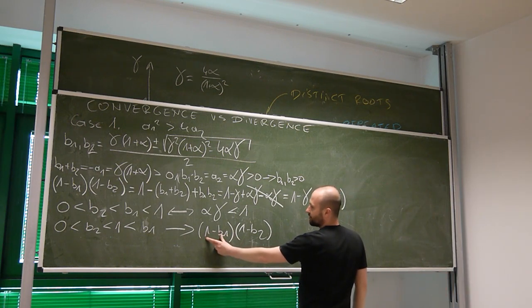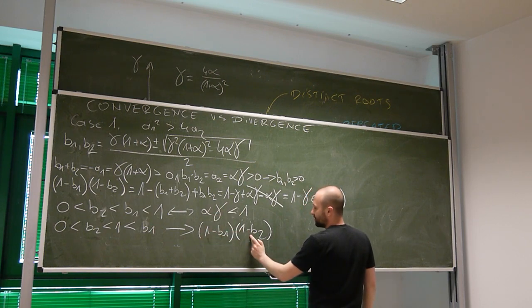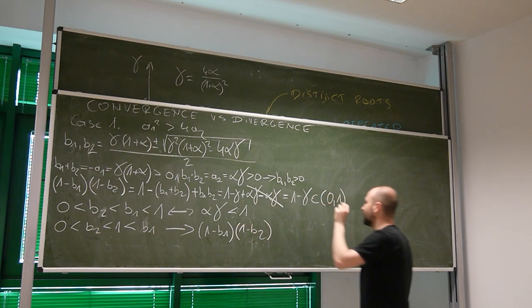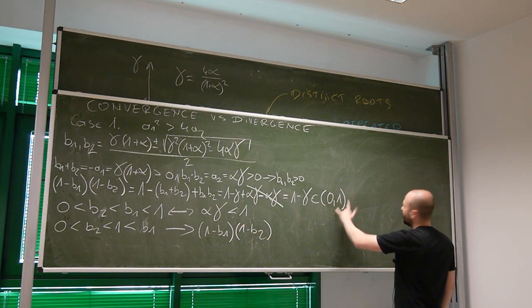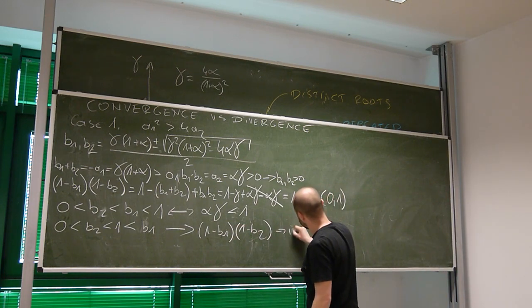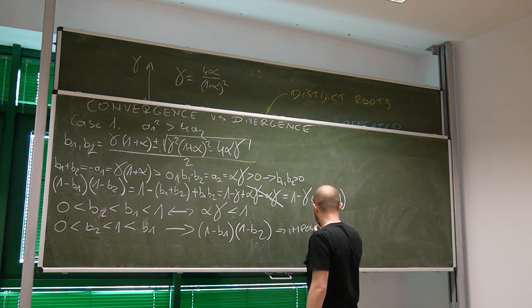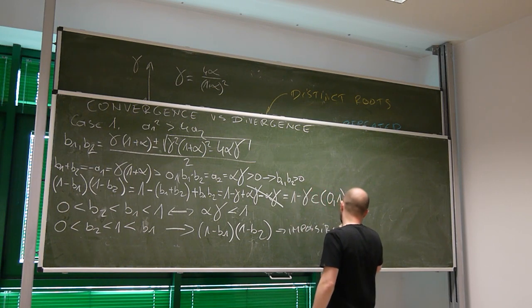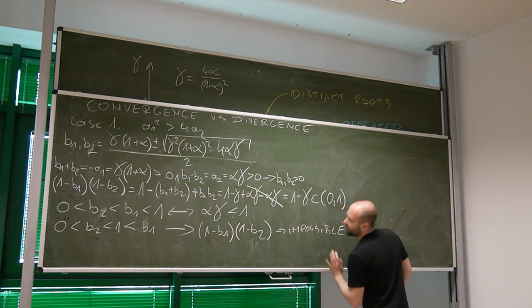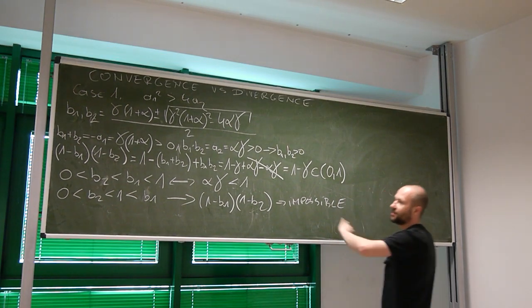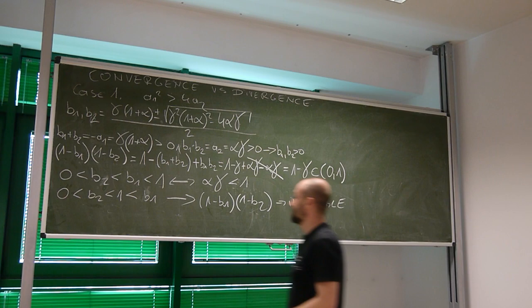This one will be negative. This one will be positive. The product will be negative, which is impossible under the assumptions we have undertaken. So we are disregarding this case.